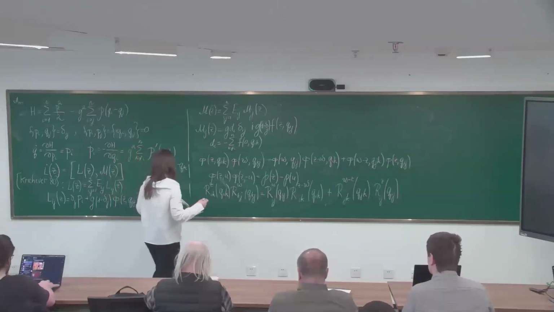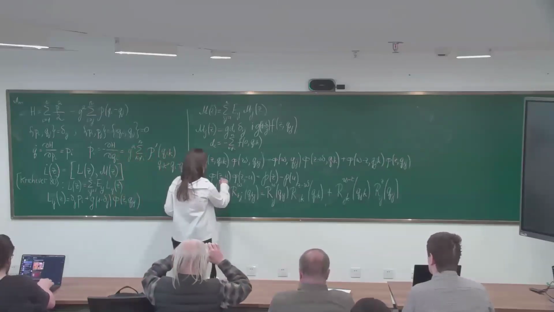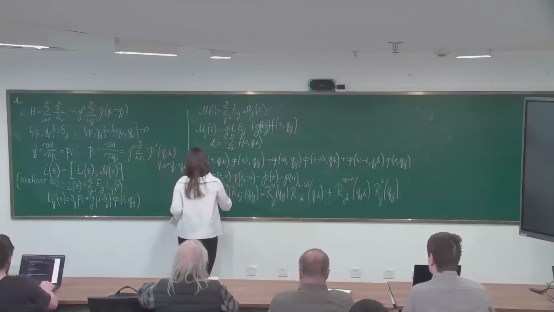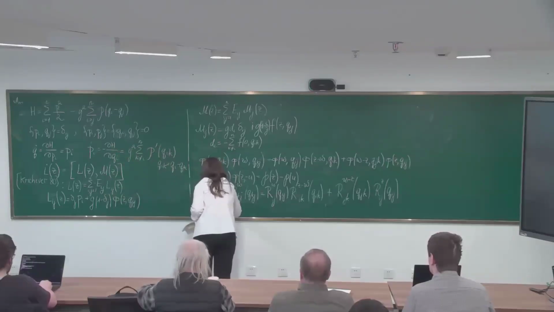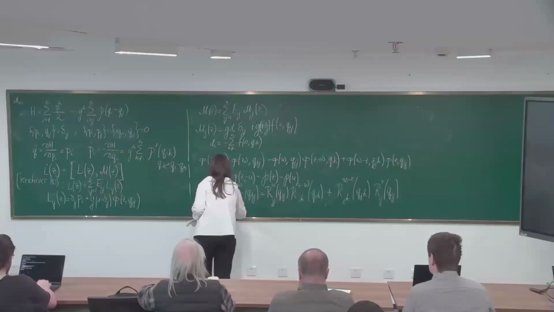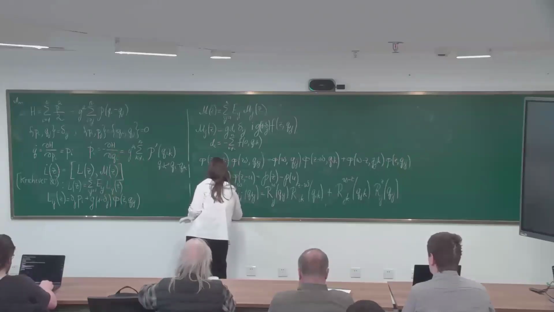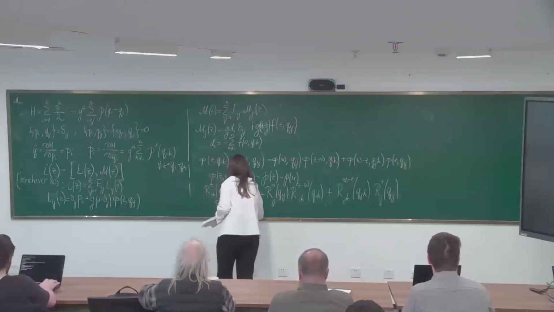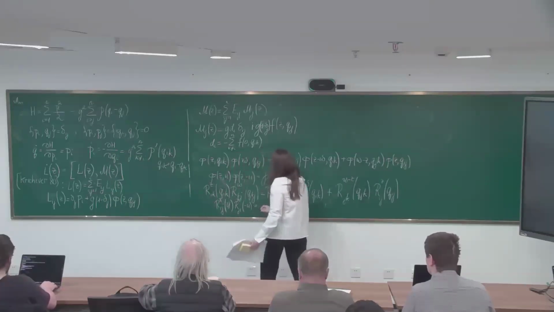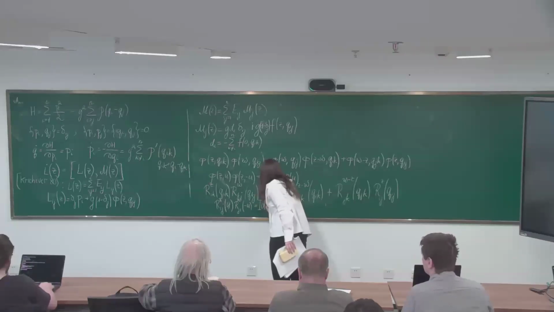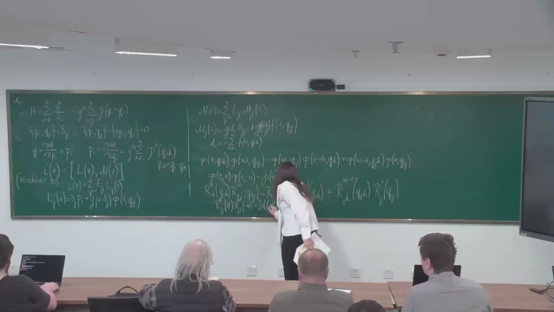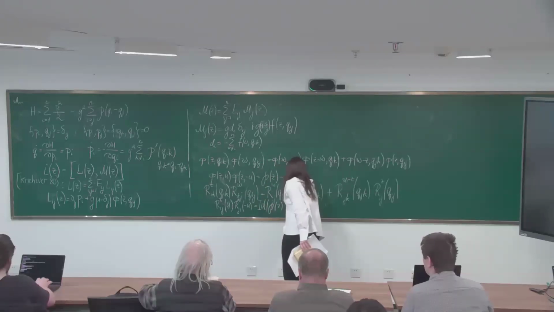And for this R matrix, there is the same property, the unitarity property. I will write it here. And this is proportional to the identity, and the coefficient is the difference of Weierstrass functions.